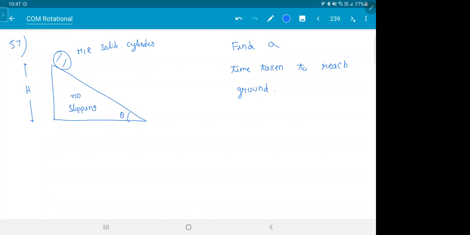Now, instead of horizontal, I just made it an incline. Find the acceleration of the cylinder and the time taken to reach the ground. Hope the question was clear. Try 3 minutes.